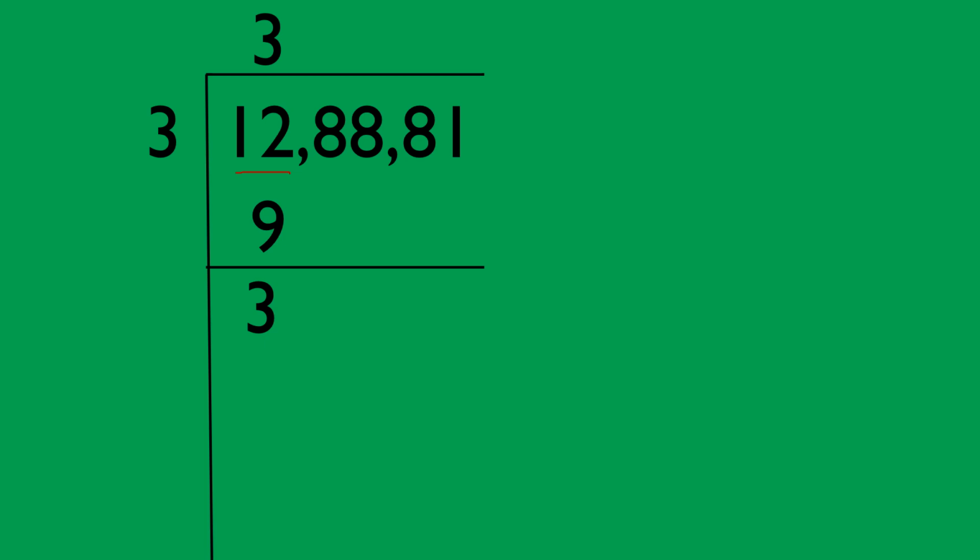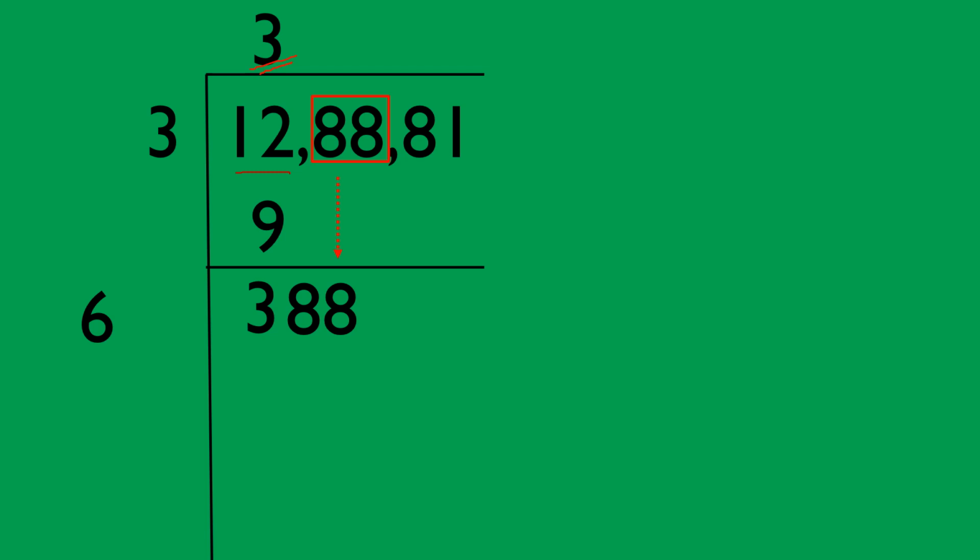So we have subtracted. Now what we do is we will bring down the next two digits, and that is 88. So we'll bring it down to the 3, and then therefore we now have 388. Now the next step is to look at these 3 above. These 3 above, we will double it. 3 times 2 is 6, or doubling 3 is 6.